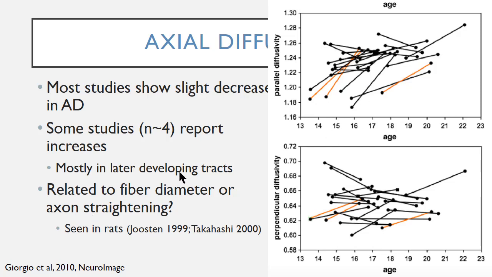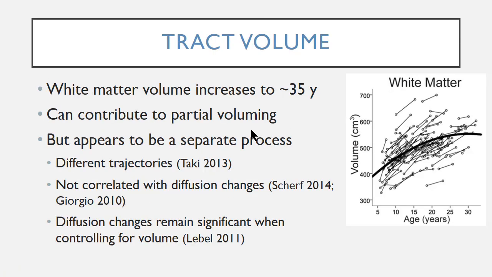Interestingly, it occurs most commonly in the later developing tracts, so the cingulum and the uncinate fasciculus are where these are most often reported. The studies suggest that perhaps this is related to fiber diameter or to axon straightening. Axon straightening is seen in development in rats, although it's still a little unclear what's happening in humans.